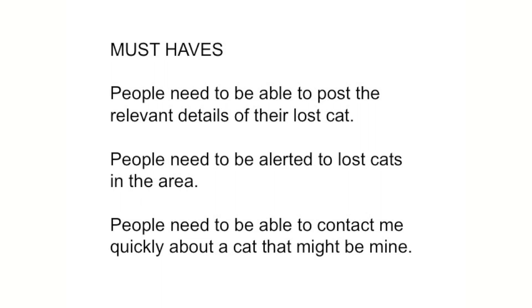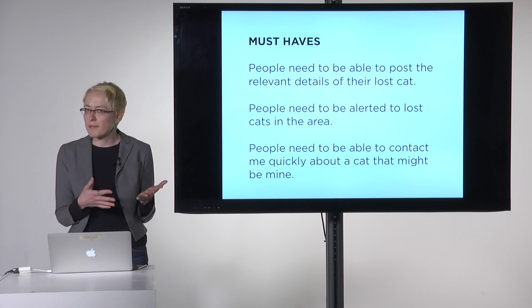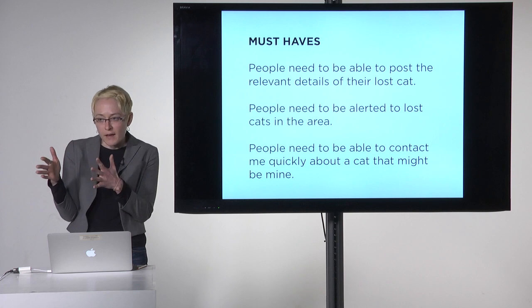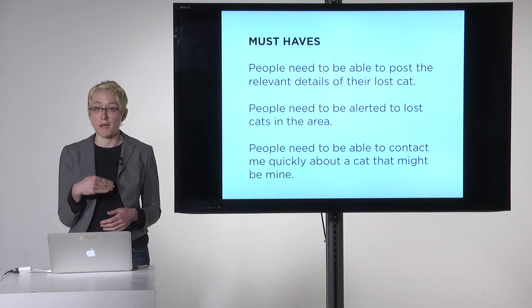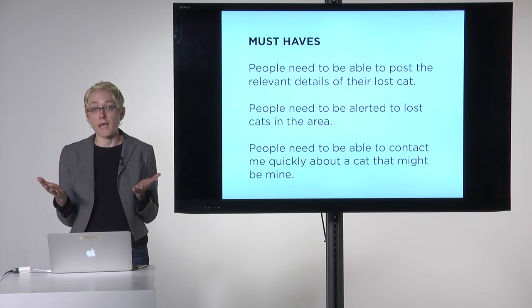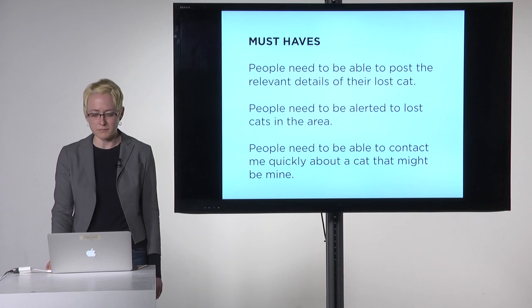So for instance, one of these Good Samaritans is walking around in my zip code, knows that I have a cat that's lost, and sees a cat, and takes a picture of it, and needs to get that information back to me. That absolutely has to be in the app. So you can see here with must-haves, you need to be very discriminating. You need to make sure that you're capturing the essentials and you're not letting some nice-to-haves sneak in.